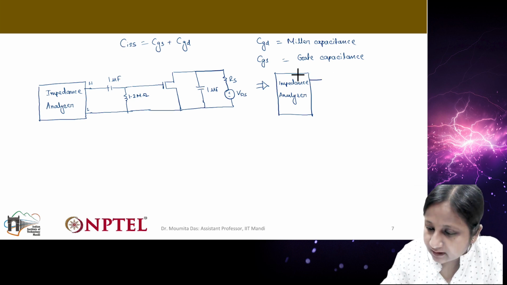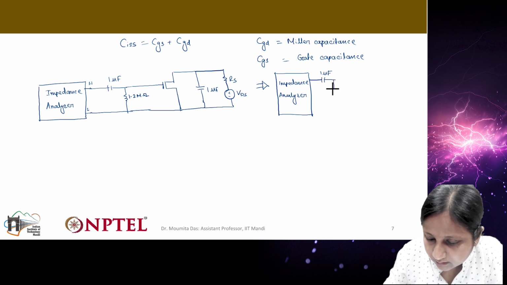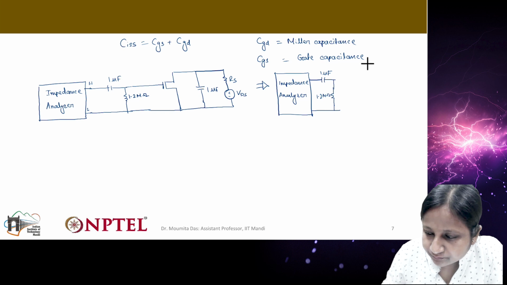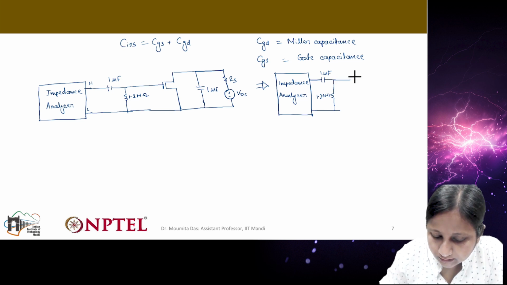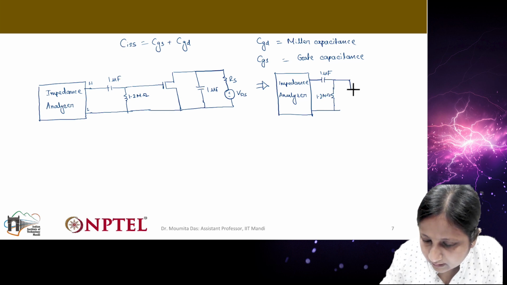It has a similar capacitance as the previous case, 1 microfarad. Then there is this resistance which is connected, 1.2 mega ohm, and then this has the capacitance CGS.